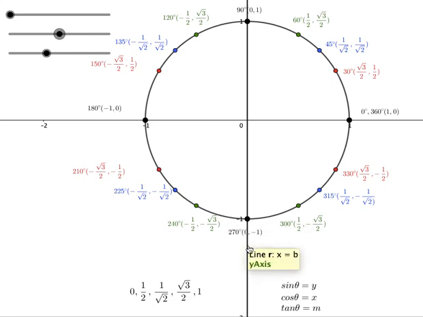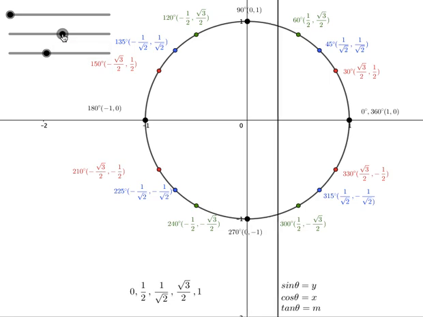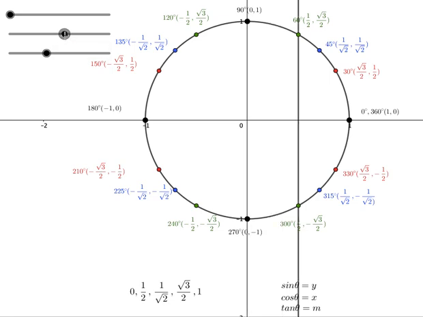In other words, these are the two angles where cosine is equal to 0. As we move more to the left, our cosine or x coordinate gets larger. So 0, the next notch up that's larger is 1/2. So that's where cosine is equal to 1/2, 60 and 300.